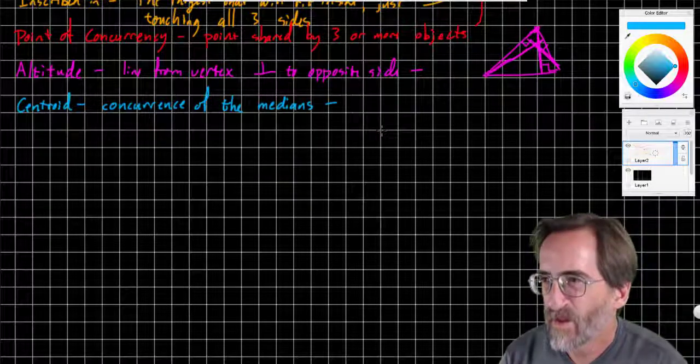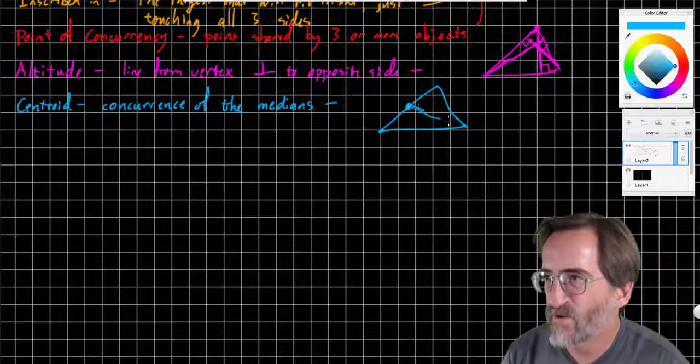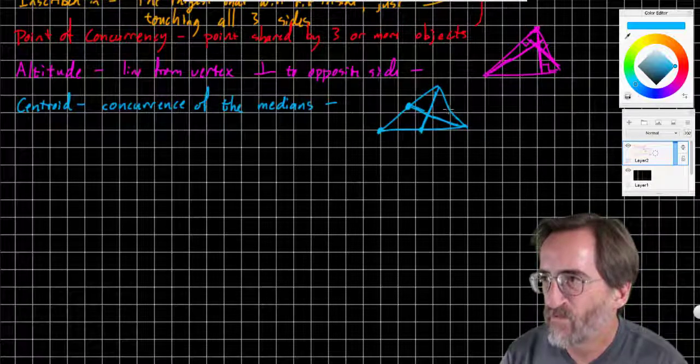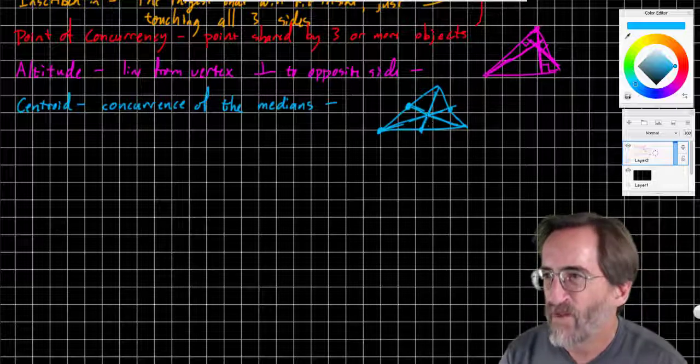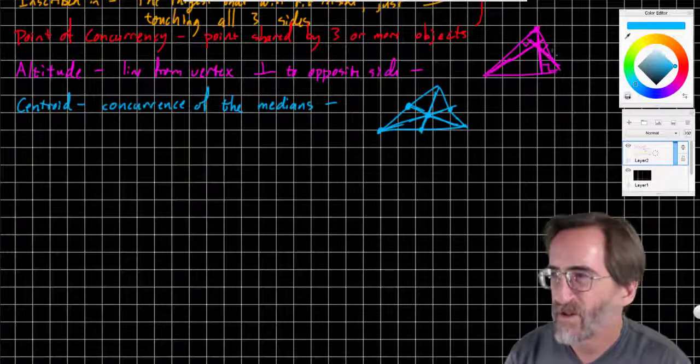So in a triangle, find the midpoint of a side and connect that to the opposite vertex. Find the midpoint of the side, connect that to the vertex. Midpoint of a side connected to the vertex. And that forms something called the centroid.